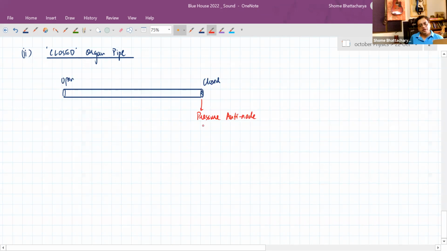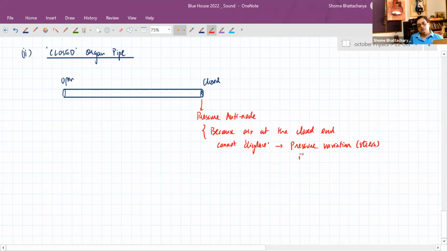Now, why does it form a pressure antinode? Because the air at the closed end cannot displace. So if it cannot displace, the pressure variation or the volumetric stress is maximum.